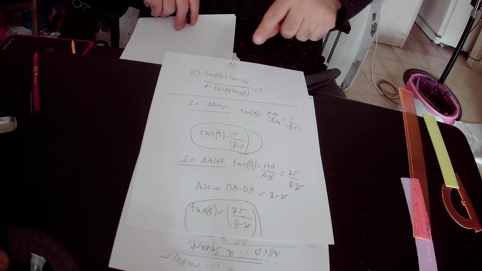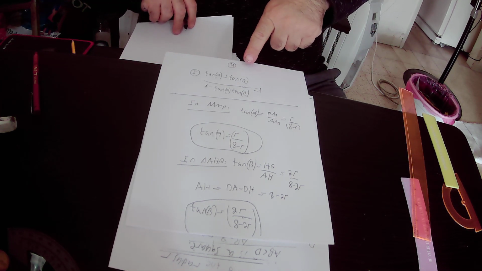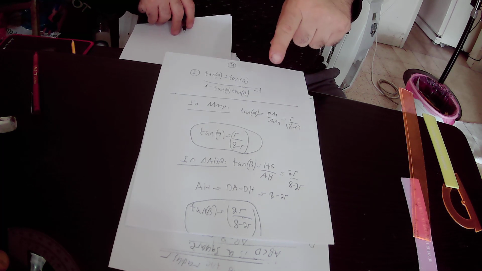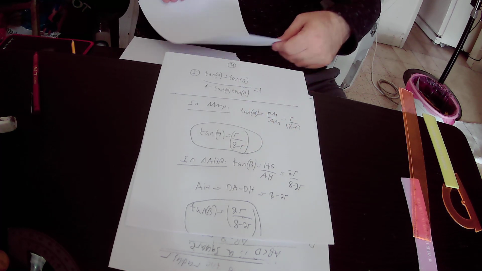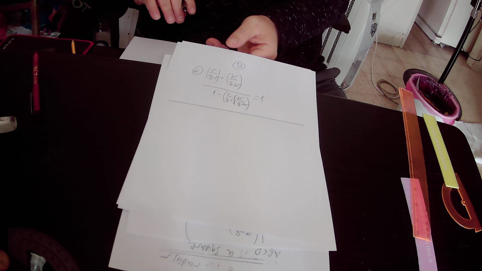So we substituted the values of tangent alpha and tangent beta, and we got this equation.